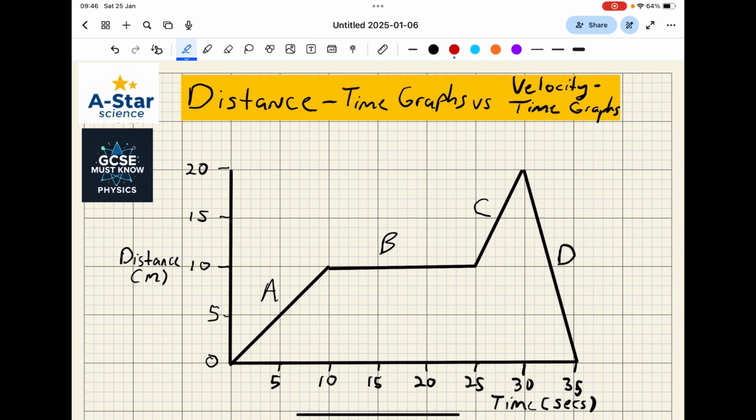First of all, we need to understand that distance is different than displacement. Displacement is used in different ways in physics.